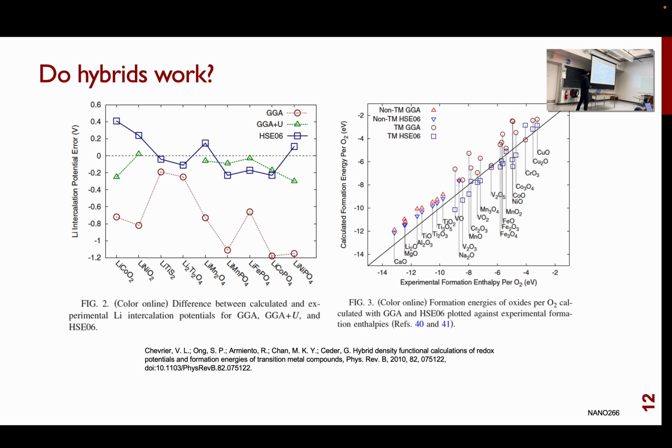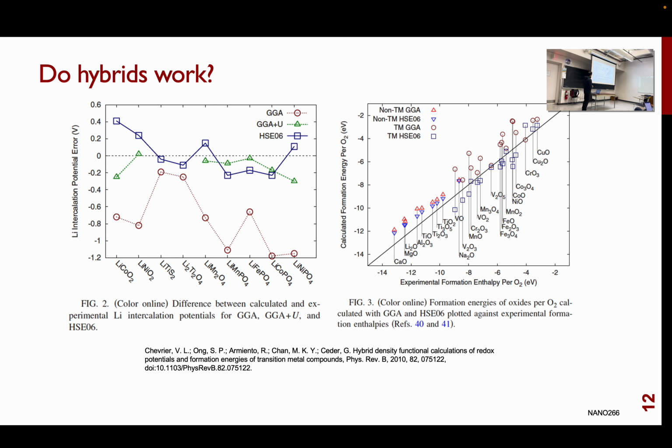Okay. Now, you can also look at things like the formation energy of the oxides. Okay, so this essentially is a calculation of the formation energy of the oxides per O2 with the GGA and the HSE functionals. And again, what you see is that for the main group metals, there really isn't that much of a difference between the HSE and the GGA functionals, because in those cases, you don't have any localized electrons, okay?